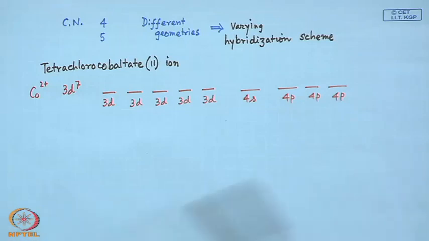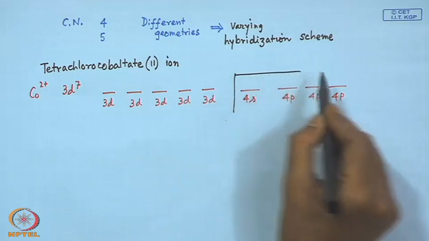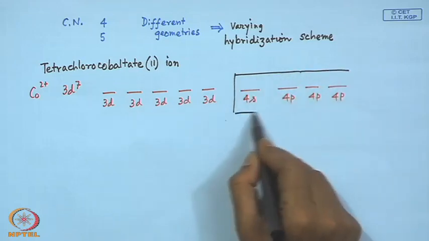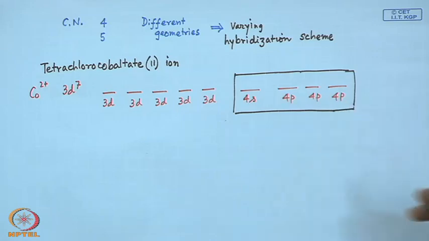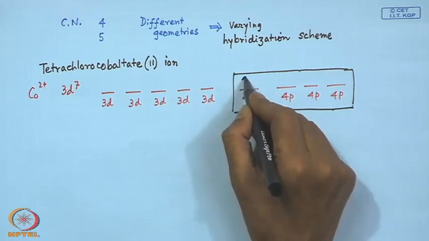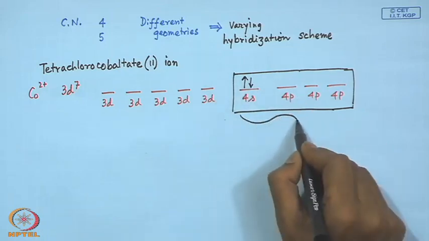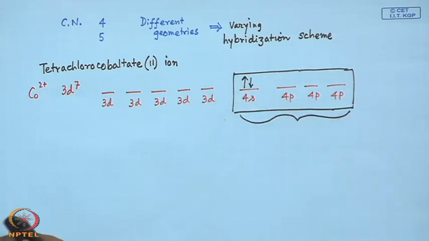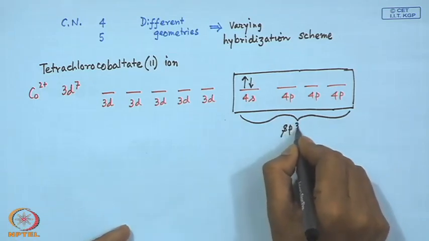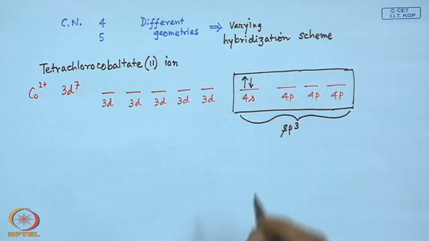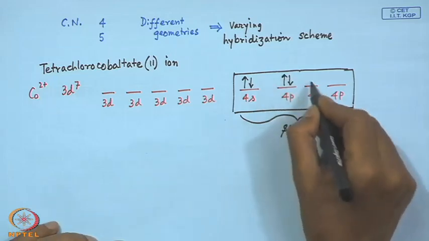So, if we have the corresponding hybridization utilizing this sp3, we will have the corresponding hybridization like this, where the sp3 hybridized orbitals, they are 4 in number. 4 sp3 hybridized orbitals will have the electron pairs.